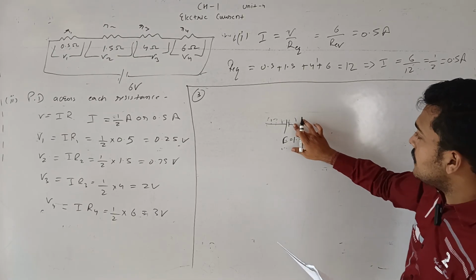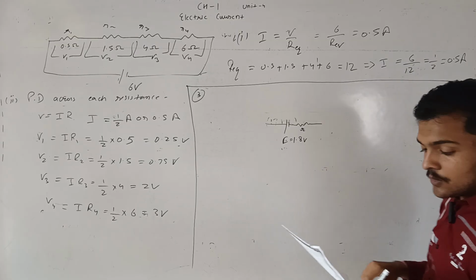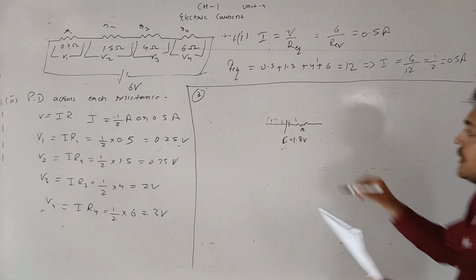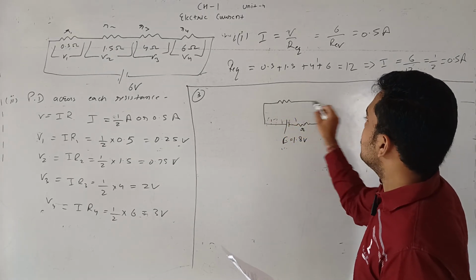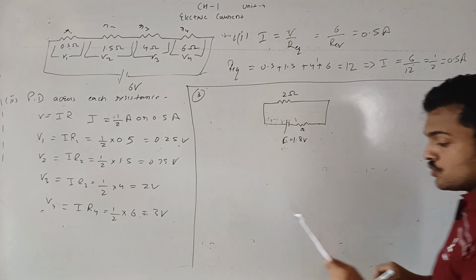It has an internal resistance also. Let the internal resistance be small r. The external resistance is 2 ohm.